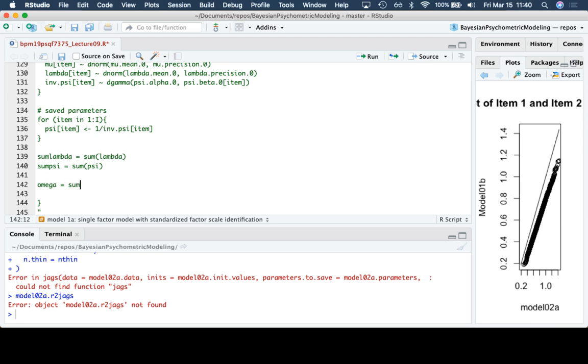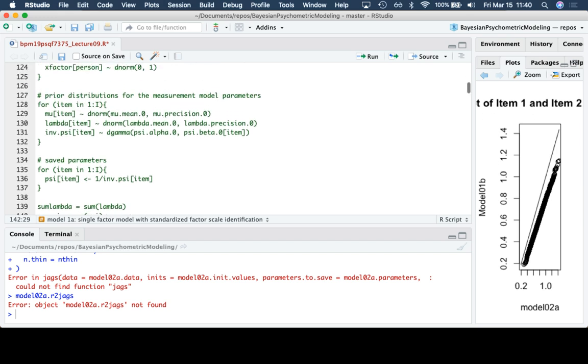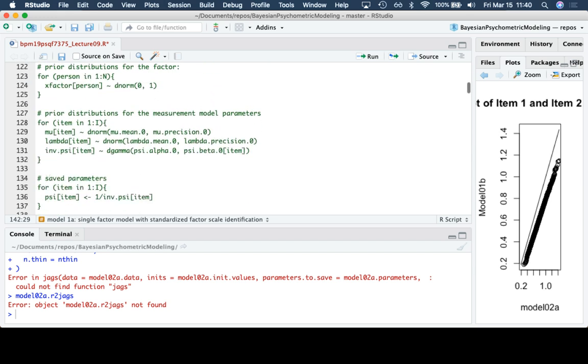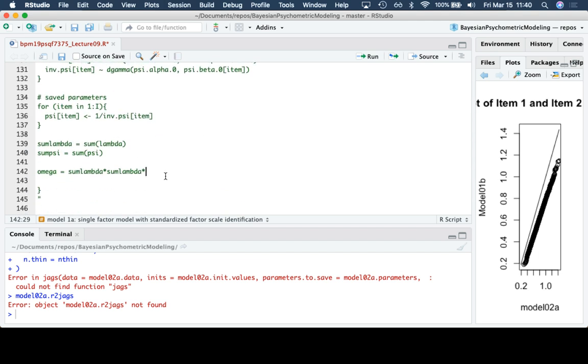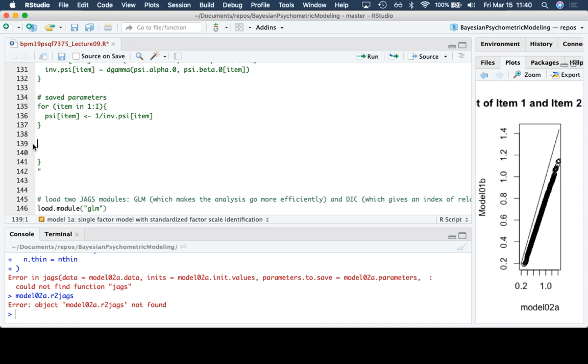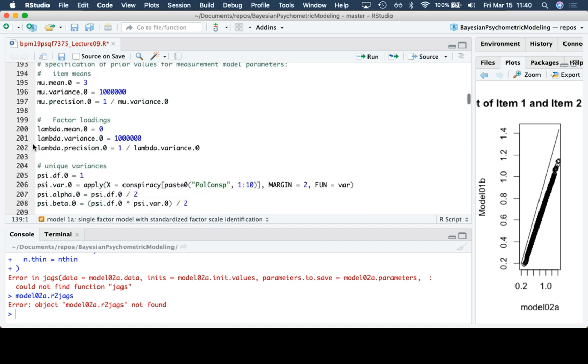This is sum lambda times sum lambda, times, in our case, we have, no, it's the sum of lambda all the way squared. I'm in the wrong model.